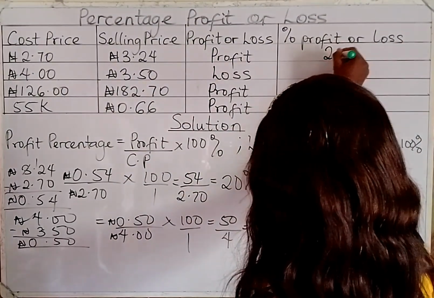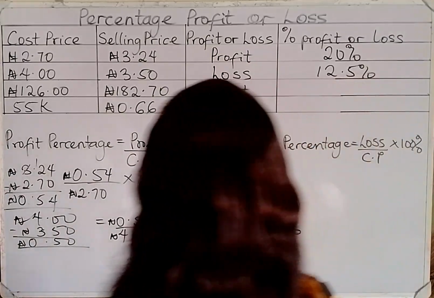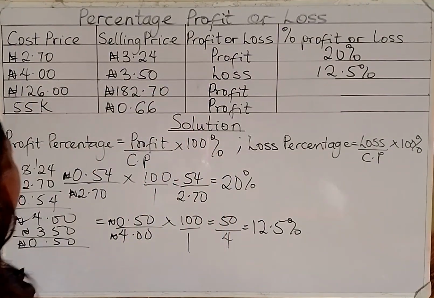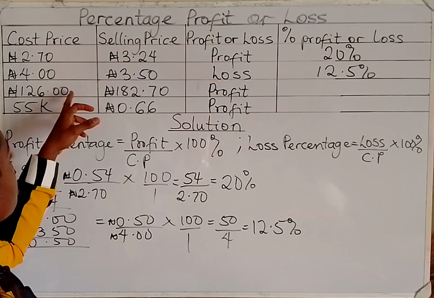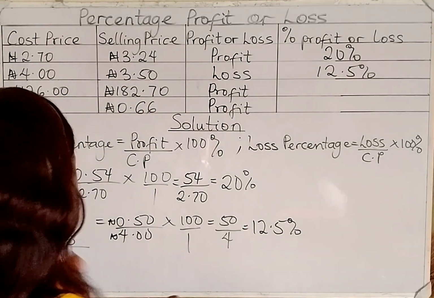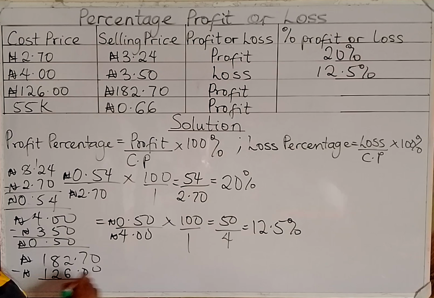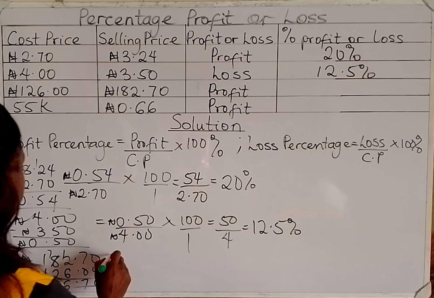So this is 20%, and this is 12.5%. Now for the next one, 126 naira was bought, and the product was sold at 182 naira 70 kobo. So I'm going to do the subtraction: 182.70 minus 126.00. So we have 56 naira 70 kobo.